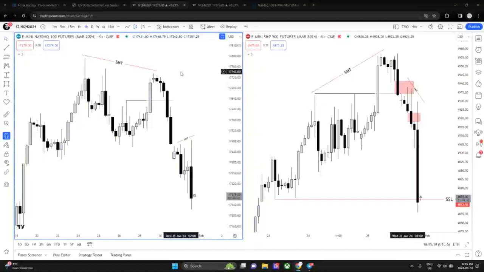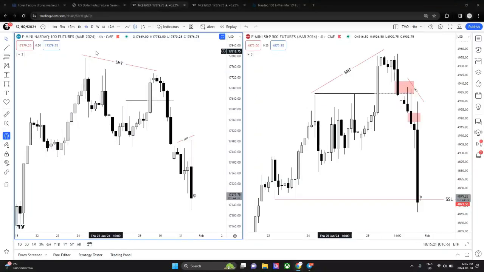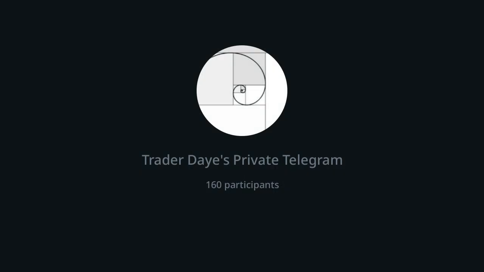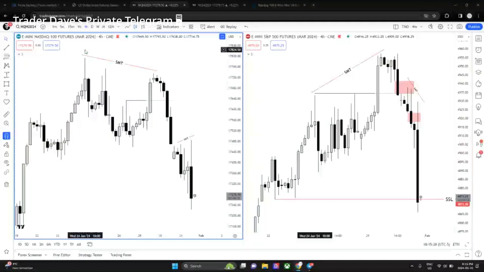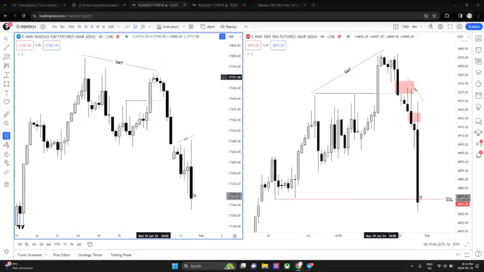Also, SMT works just as how higher time frame PDRs work for lower time frame PDRs. Just as how you have higher time frame cycles and lower time frame cycles, you have higher time frame SMT or larger range SMT, which forms across more candles than smaller ones such as this.